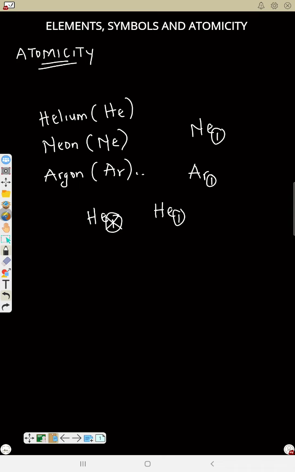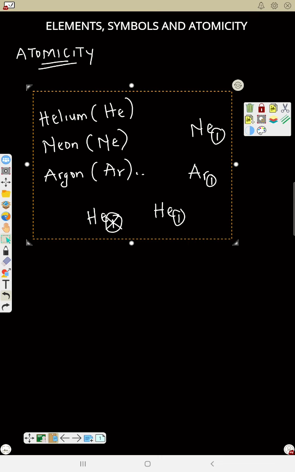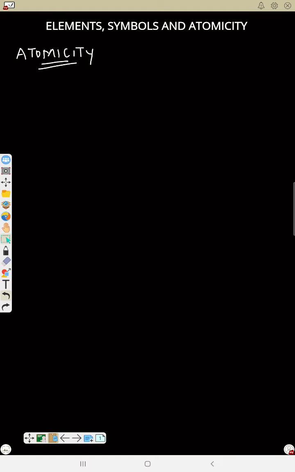Also, an element can be diatomic if it contains 2 atoms in its molecule. Now we have 7 diatomic molecules. They are oxygen. So note them. You need to jot everything. So we have oxygen, O2. It's diatomic.